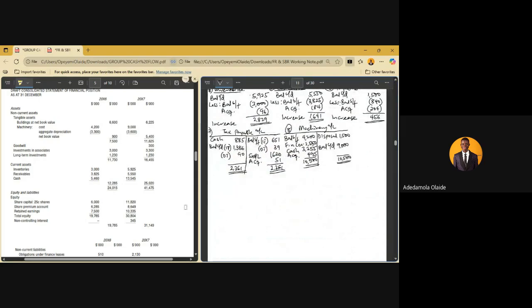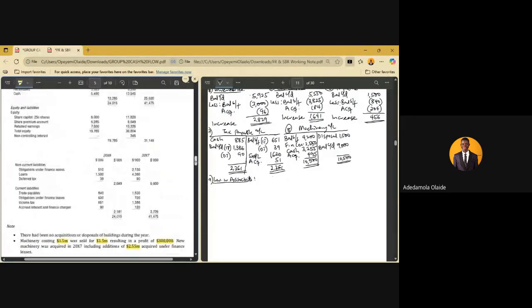What we need that for is to calculate the dividend paid.